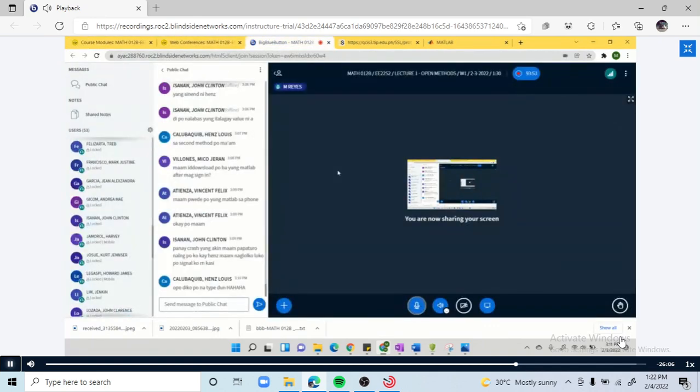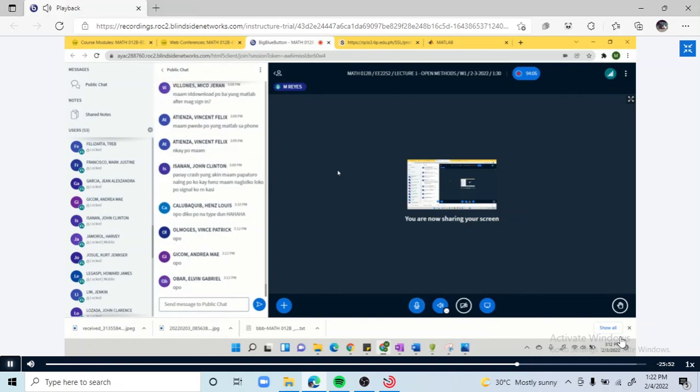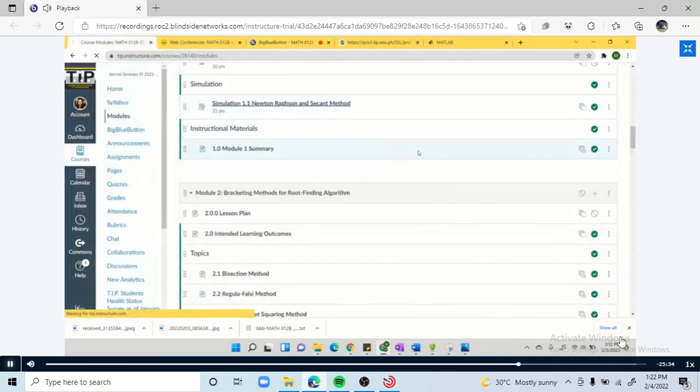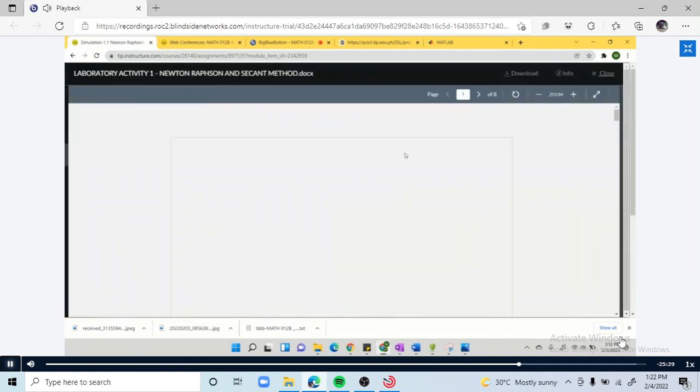Bigyan ko lang kayo ng idea kung anong gagawin dun. Di ba lahat kayo nakapag linear algebra, no? Marunong kayo mag-MATLAB, no? Okay. Sige. Paki-open muna yung simulation. So, in the simulation activity, ito yung makikita nyo.